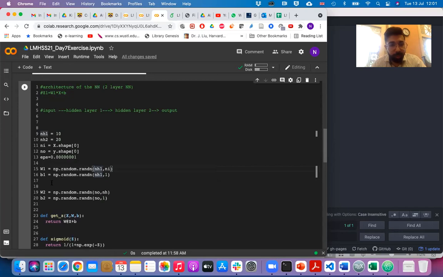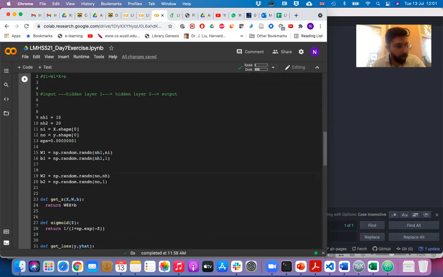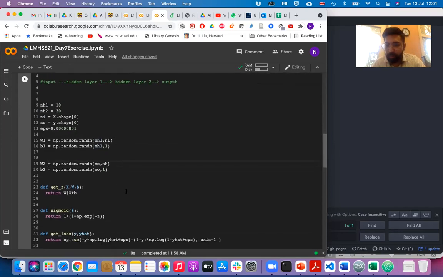So what happens to W2 now? W2 is NH2 times NH1. What about B2? This is NH2 times 1. Is it clear to everyone? Because the input of W2 is of the size NH1, and the output of W2 has to be the size NH2.